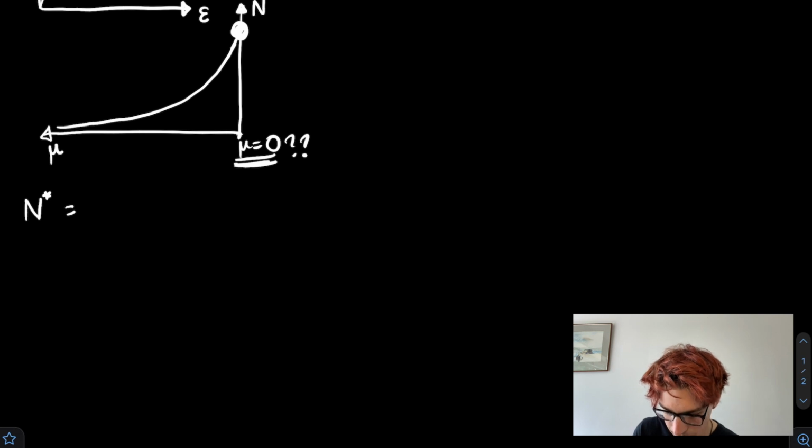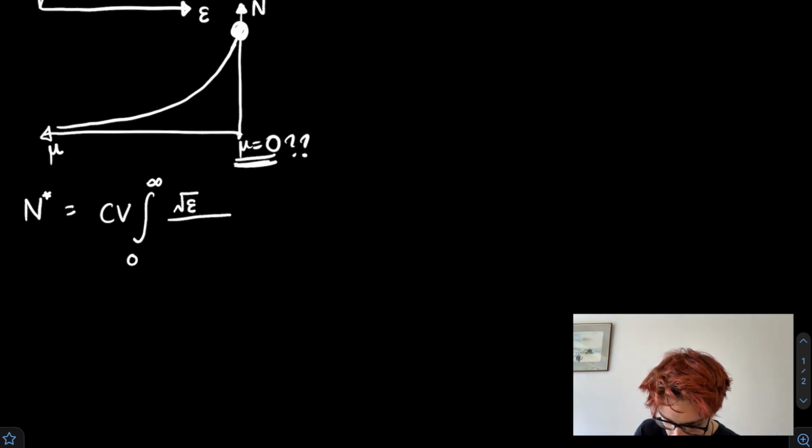We have C and V, which are constants, so I'm going to factor them out the front of the integral, times the integral between 0 and infinity of the square root of epsilon, all divided by e to the (epsilon minus mu) over kBT, which is epsilon minus 0 over kBT, minus 1, d epsilon.